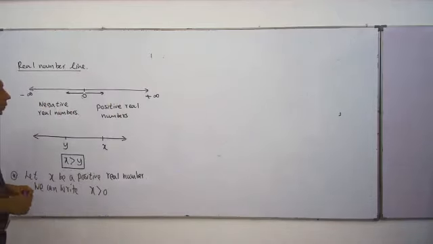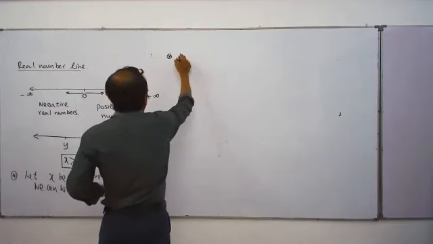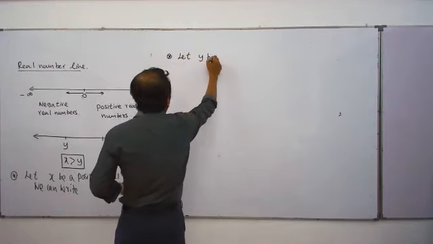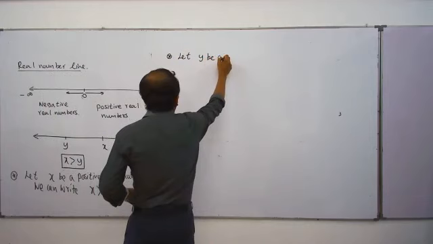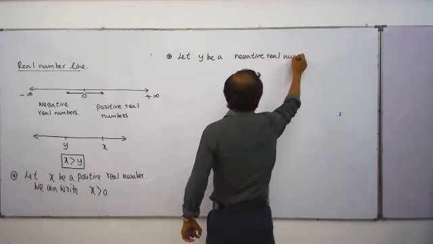Next one we'll write, put another square mark. Let y be a negative real number.